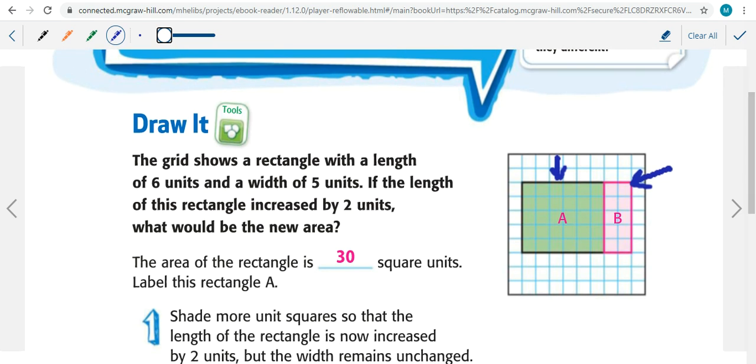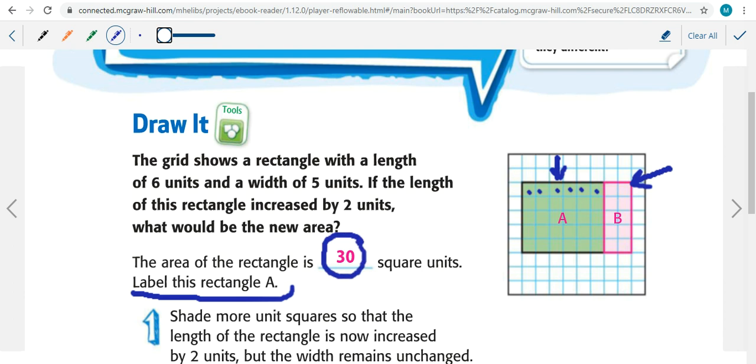Now first you're going to count the area of rectangle A. How do you do this? You count all of the squares. The answer is 30.